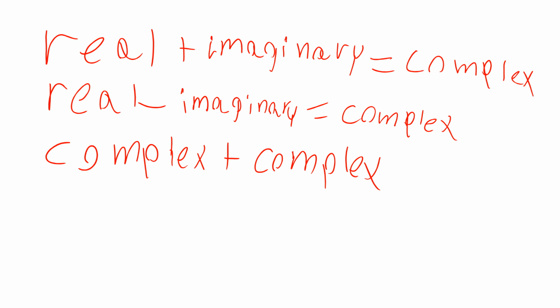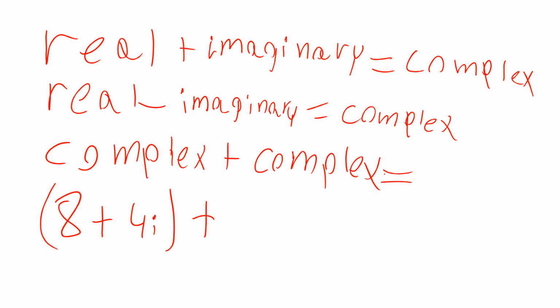A complex number plus another complex number is going to be something. We don't know what. So we're going to take a similar example. I'm going to do 8 plus 4i plus, I'm going to add, 4 minus 2i.